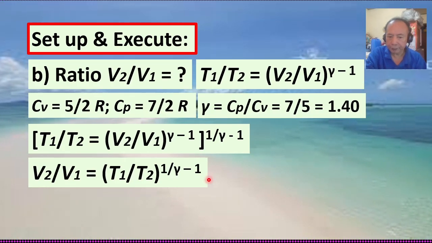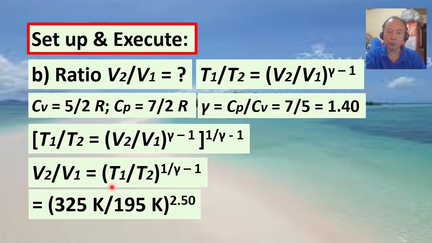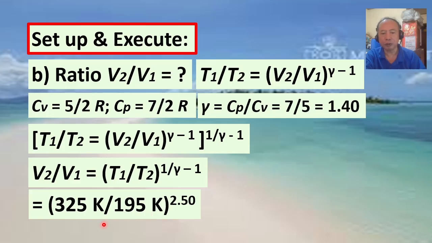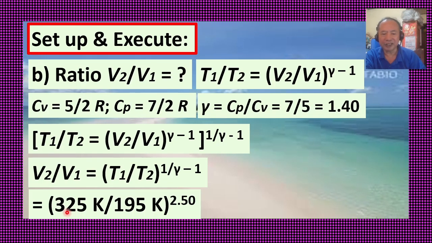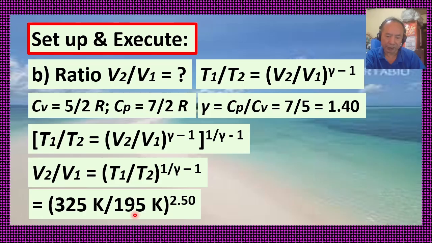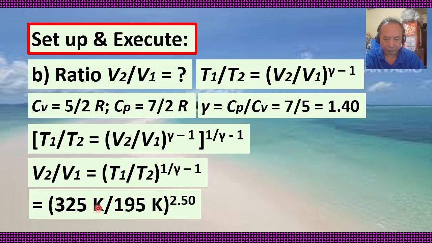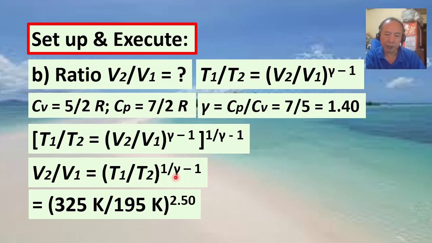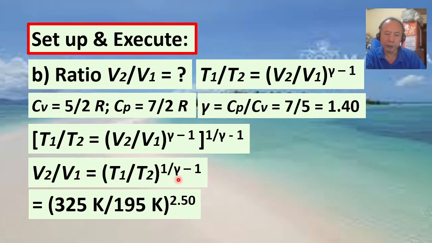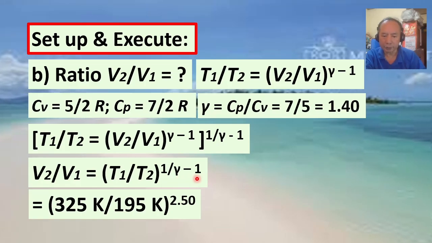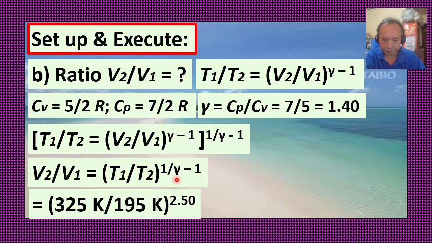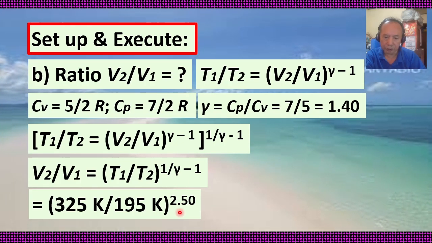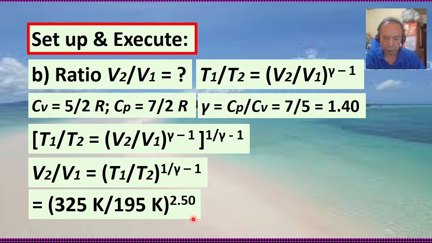And since both absolute temperatures T1 and T2 are given, we just substitute. Capital T1 is 325 Kelvin and capital T2 is 195 Kelvin. And we also substitute for gamma here. 1 over 1.40 minus 1 is the same as 1 over 0.40, which in decimal is equivalent to 2.50.